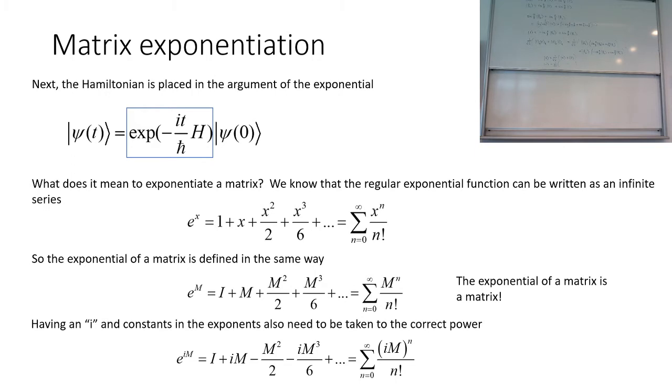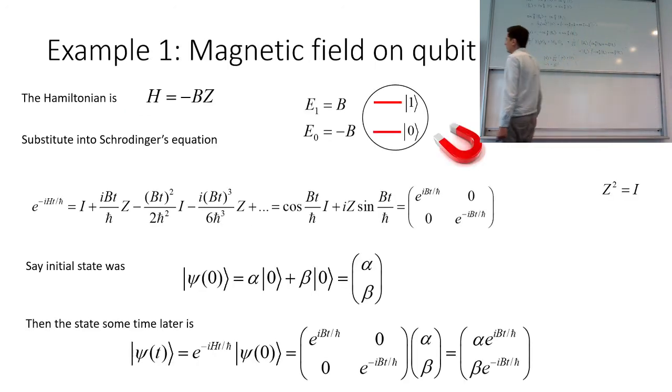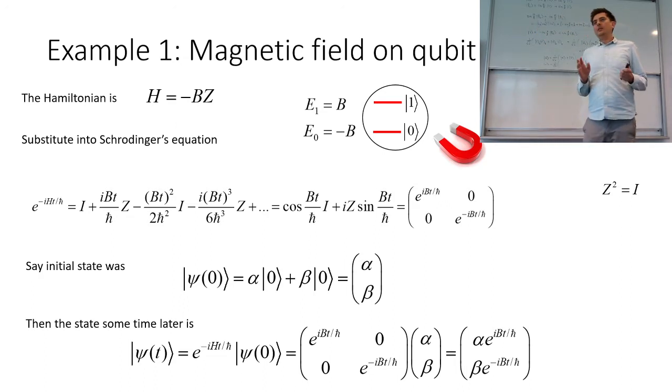So if it's m squared with an I there, that one becomes a minus sign. This one becomes minus I, and so forth. But the exponential of a matrix is, in general, this kind of nasty sum that you've got to work out, and it's actually kind of hard to calculate.